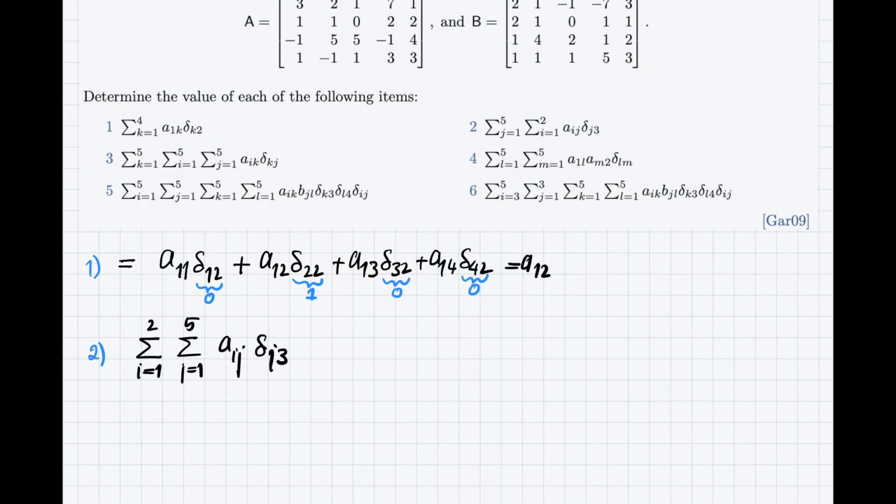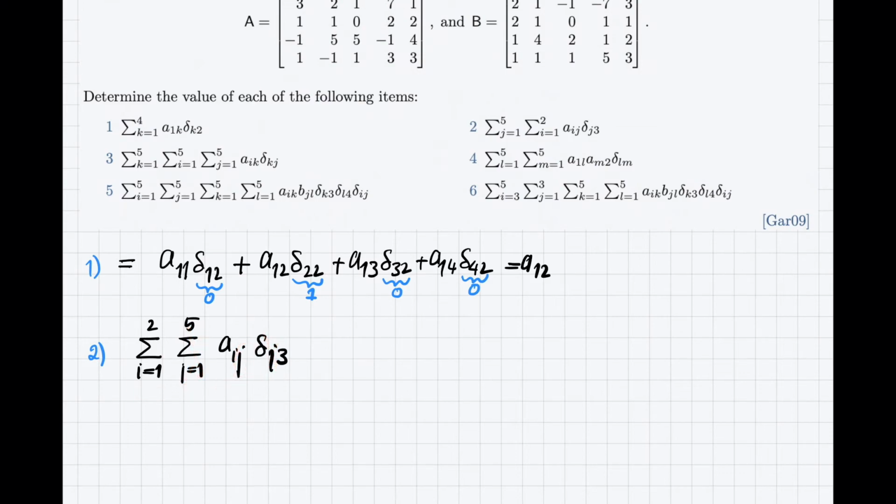Now look here. I have a sum, and this delta depends on the counter of this sigma. So what I can do is eliminate delta and this sigma, but wherever I see j left, I replace it with the second index of my delta, which is 3. So if this is gone, sigma and Aij are left, and I replace j with 3.